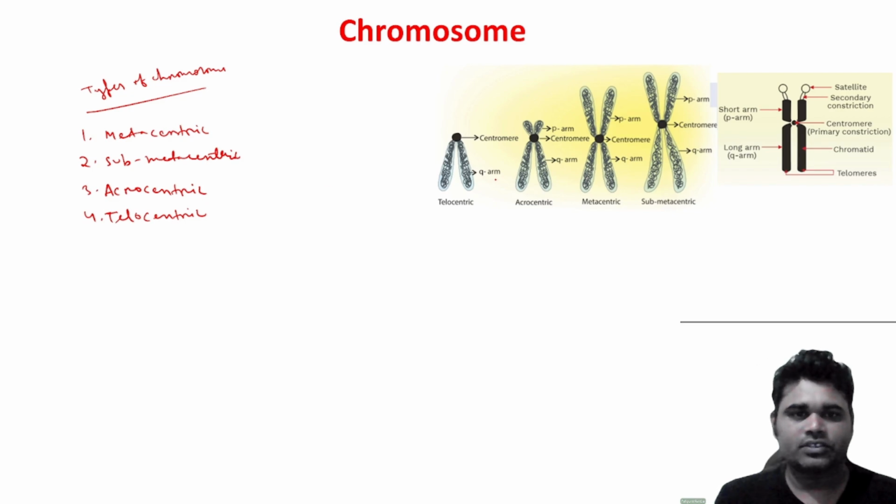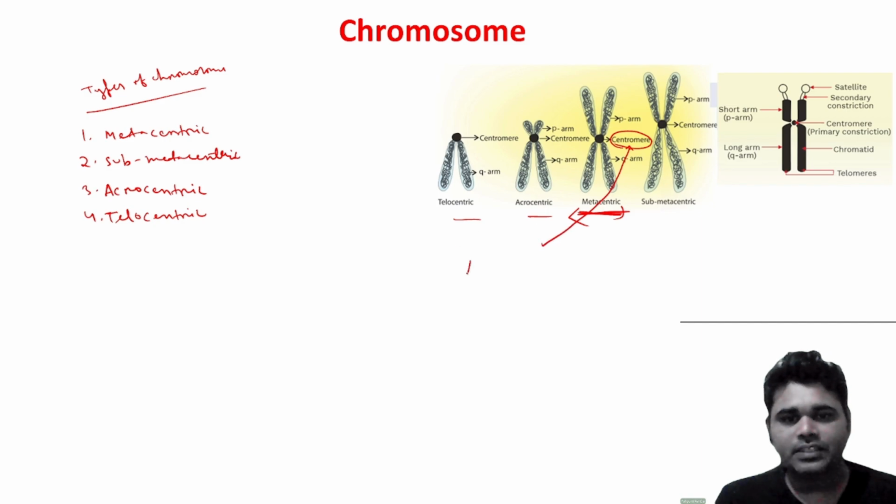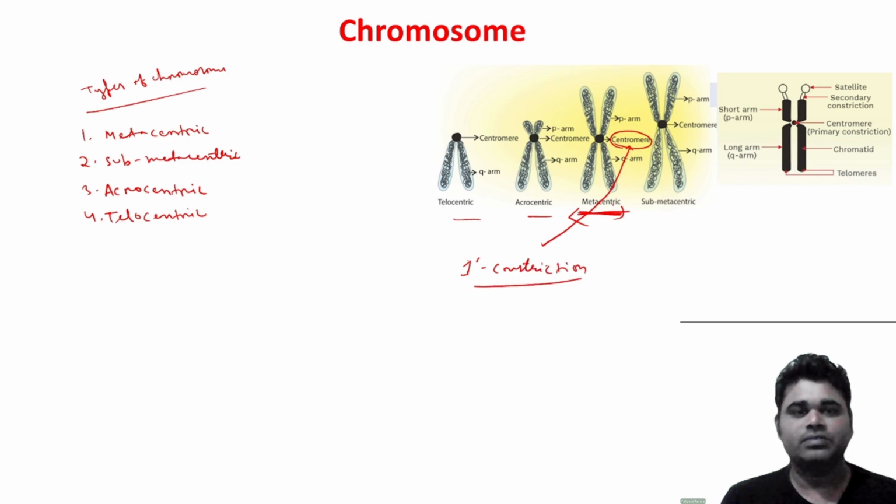So look at this structure. They are the different types of chromosomes. Look at this metacentric chromosome. In the metacentric chromosome, this is the centromere, which is also called the primary constriction. Primary constriction means here it forms a gap, or it divides the two arms of the chromosome.